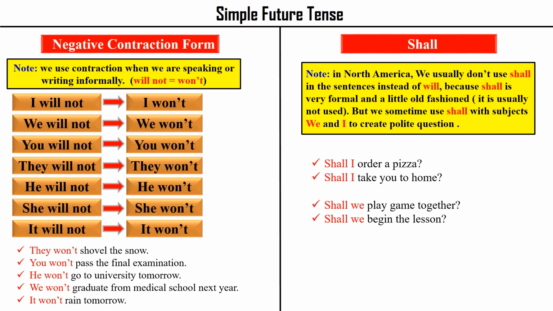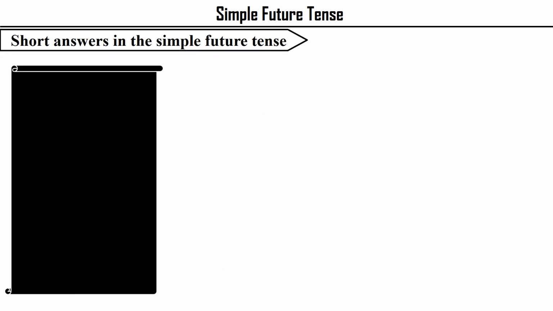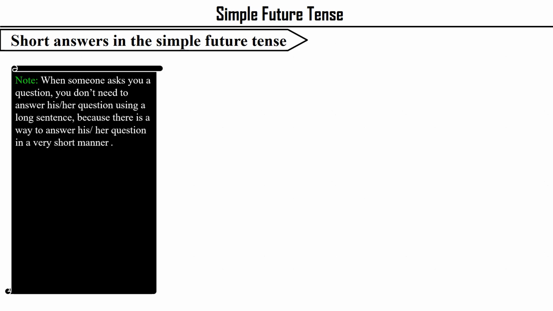Etc. Let's move on. Short answers in the simple future tense. How to give a short answer? When your friend asks you a question, you don't need to answer using a long sentence or repeating the whole question, because there is a possibility that you can answer his or her question in a very short manner.